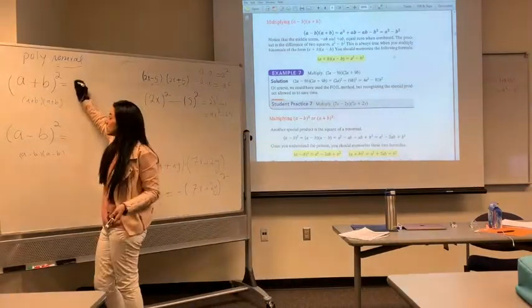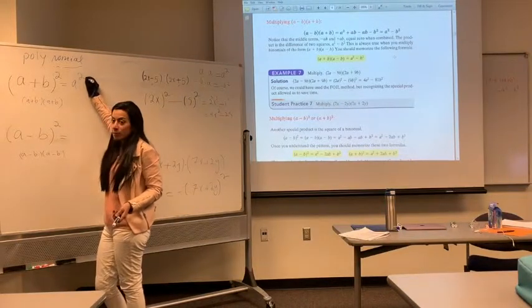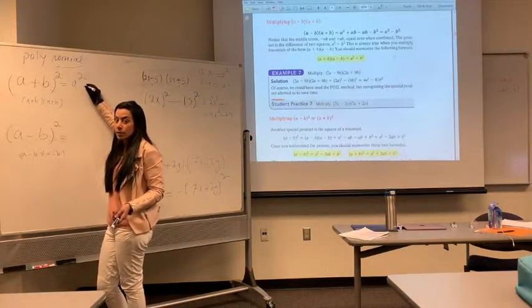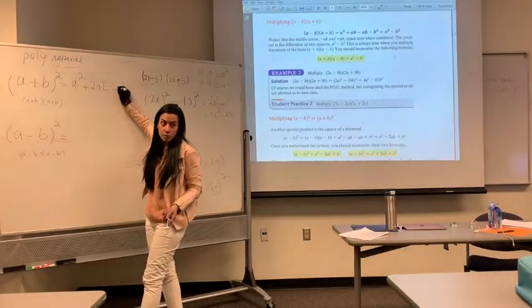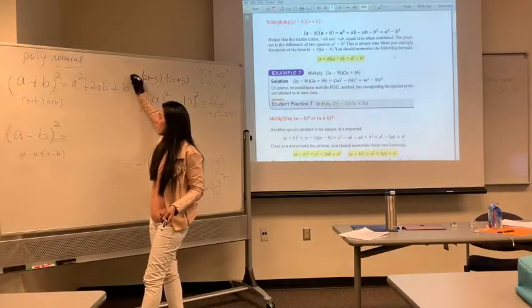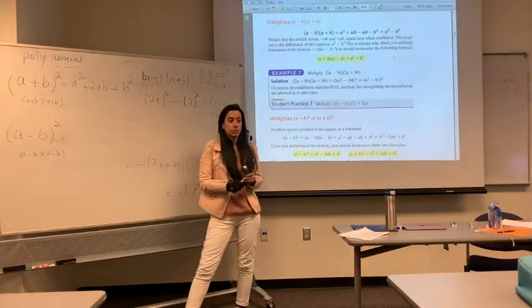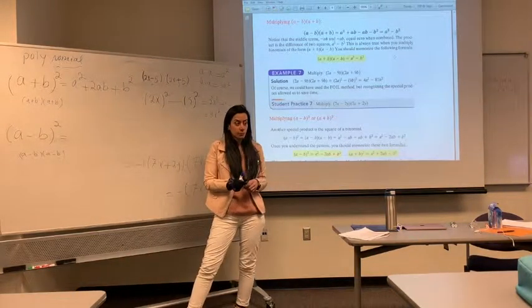So now, a squared plus 2 times ab plus b squared. Why did you put 2 times ab? That's the formula.